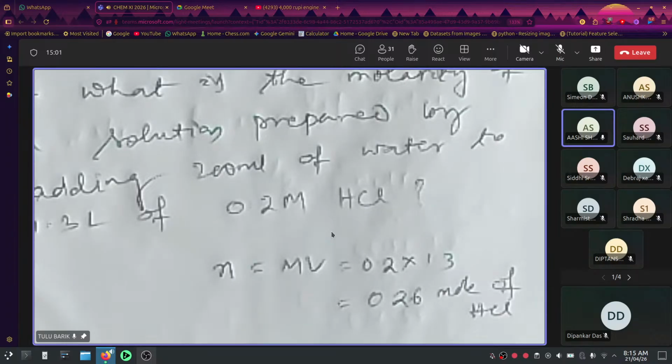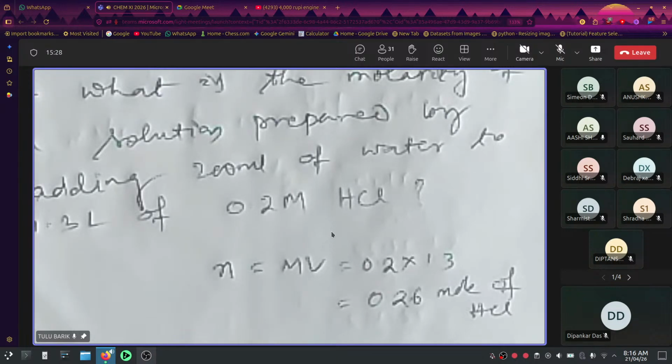Suppose you consider a solution in a beaker, and in this beaker you have a solution of HCl. And what is the initial volume? 1.3 liter. This is the volume of the solution.